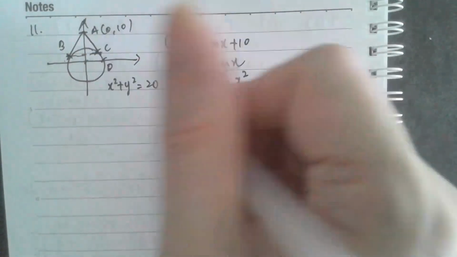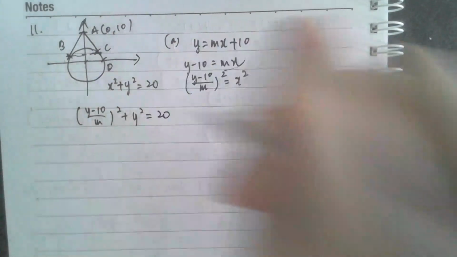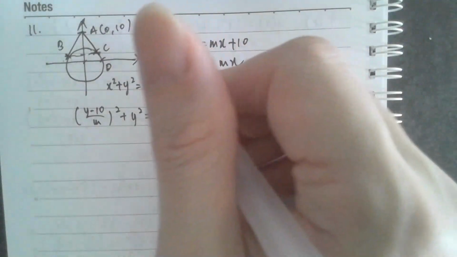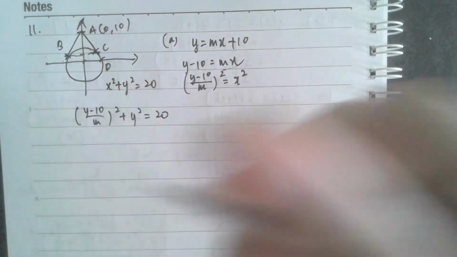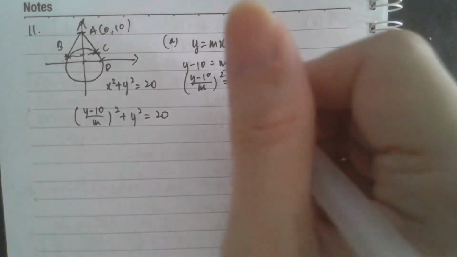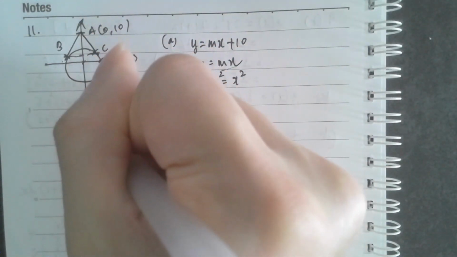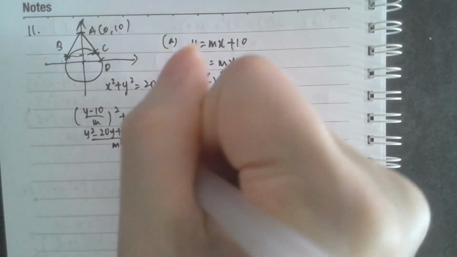In this situation, I will have y minus 10 divided by m, squared, plus y squared equals 20. This becomes a quadratic expression. You can expand this out, and we'll think about how to solve for m later on. Expanding gives y squared minus 20y plus 100, divided by m squared, plus y squared.